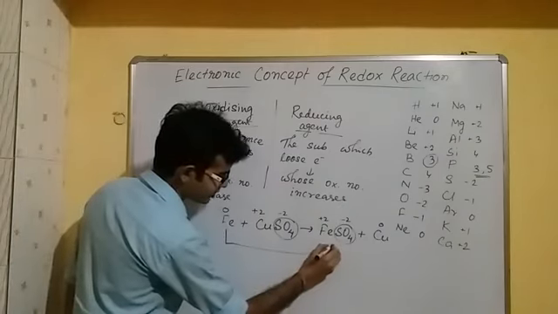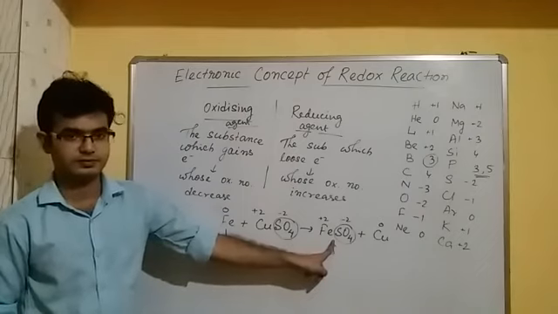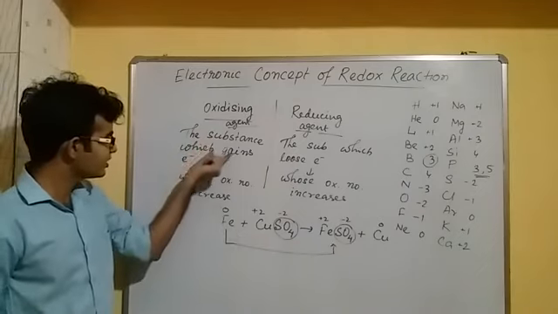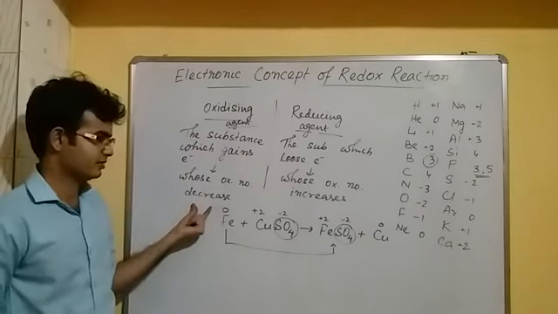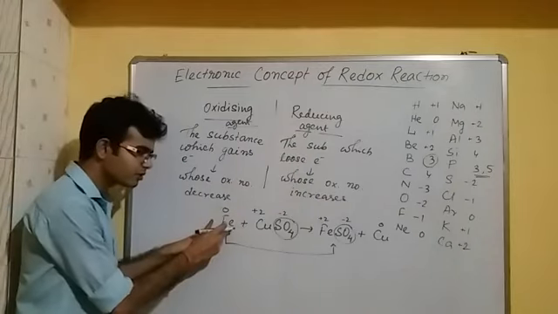Here this one is oxidation. What happens? Iron becomes Fe2 plus. Oxidation number, look at this. The substance whose oxidation number decreases is the oxidizing agent, and whose oxidation number increases is the reducing agent. So the oxidation number of iron increases.